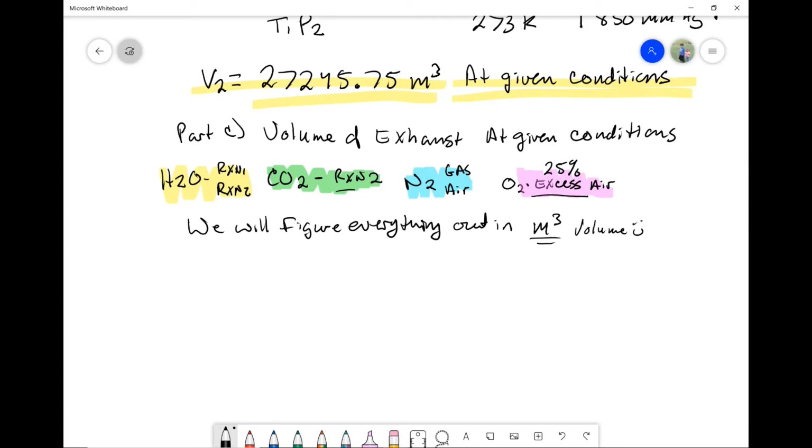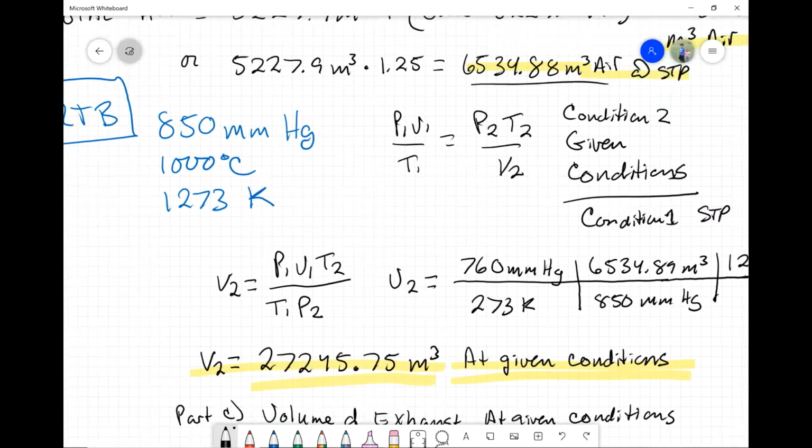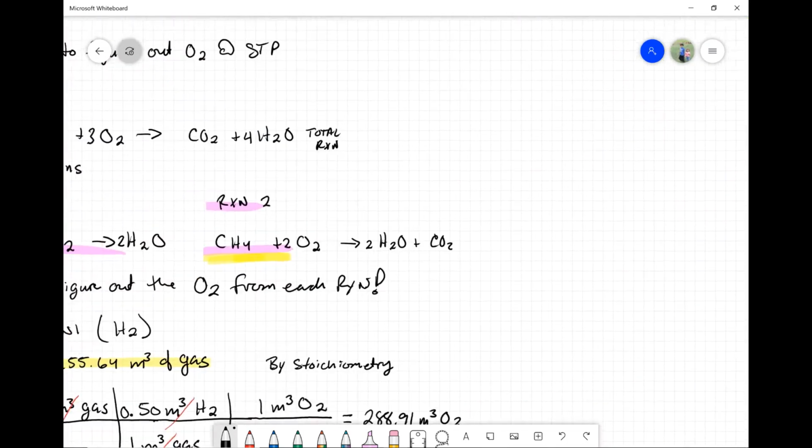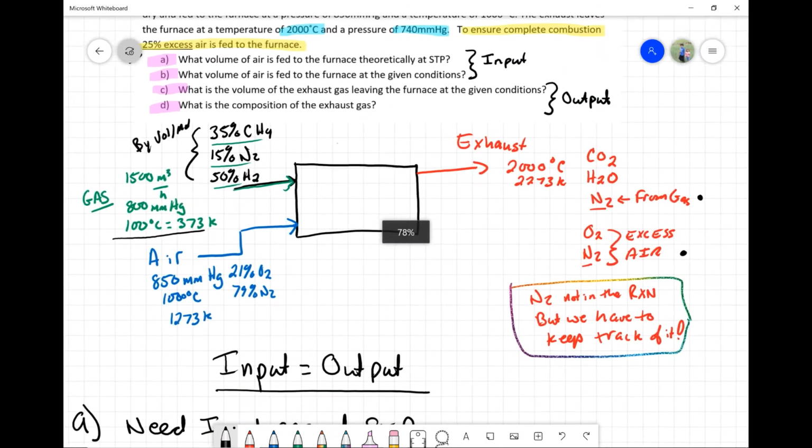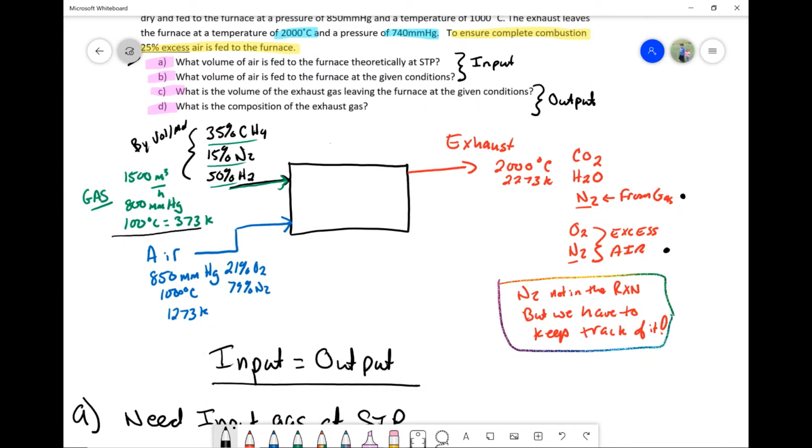I did that kind of in my head, figuring out where the sources came from, but if you look at your flow chart, it's pretty plain. CO2 and H2O, we know they came from the combustion, from the reactions. So bookkeeping, very good.